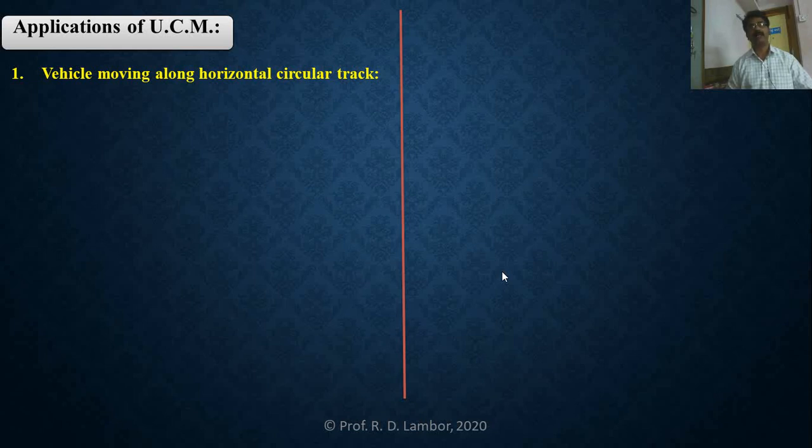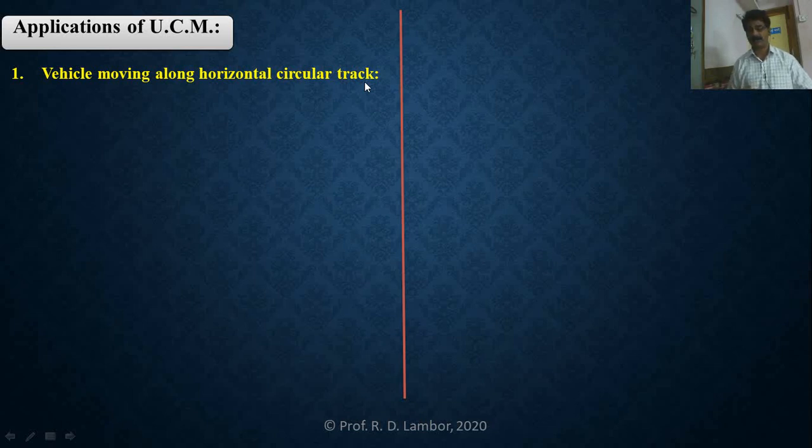When any vehicle is moving along such a horizontal circular track, it is performing circular motion. So we will try to find which force is providing the centripetal force for the successful completion of that circular motion along a horizontal circular road.